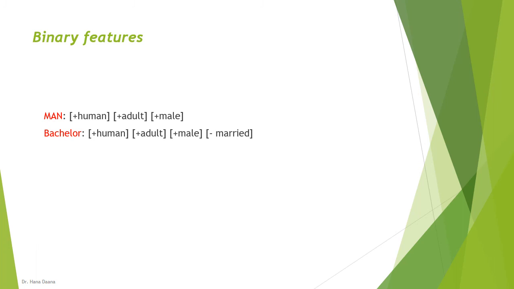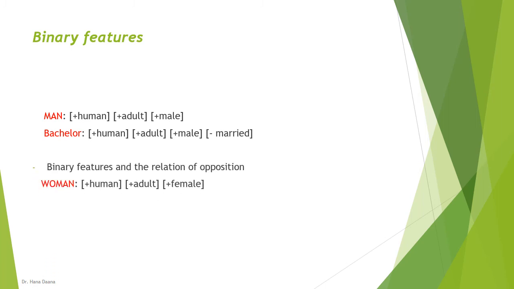Now, binary features can be used to reveal the relation of opposition, with examples like the following. A woman is a woman if she is plus human, plus adult, plus female. A man is a man if he is plus human, plus adult, minus female.